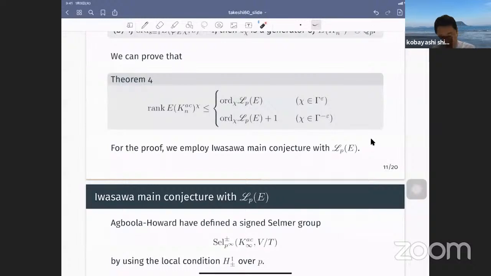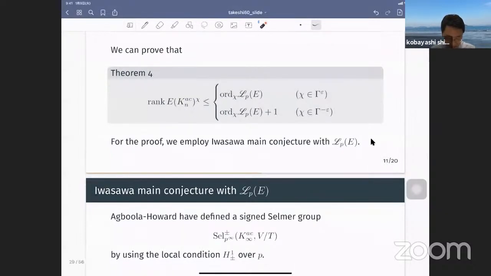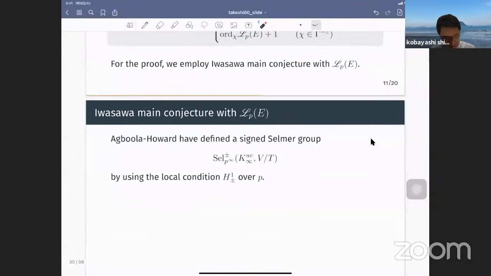Of course, we have the Iwasawa main conjecture in terms of elliptic units by Rubin. But to obtain such a result, it is convenient to formulate the Iwasawa main conjecture in terms of the p-adic function. Agboola and Howard defined around 2003 or 4 a signed Selmer group. It is an anticyclotomic analog of the Selmer group I defined in my thesis, by using the local condition H1 plus minus.